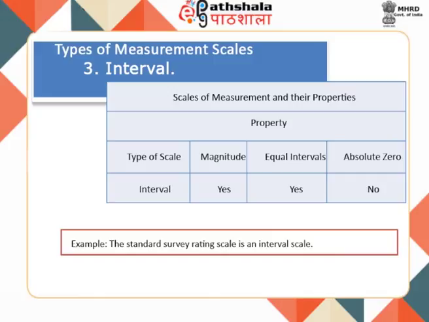Explaining the interval scale in terms of its properties, it has magnitude, equal interval, but no absolute 0 point. Example, the standard survey rating scale is an interval scale. When you are asked to rate your satisfaction with a piece of software on a 7-point scale from dissatisfied to satisfied, you are using an interval scale.